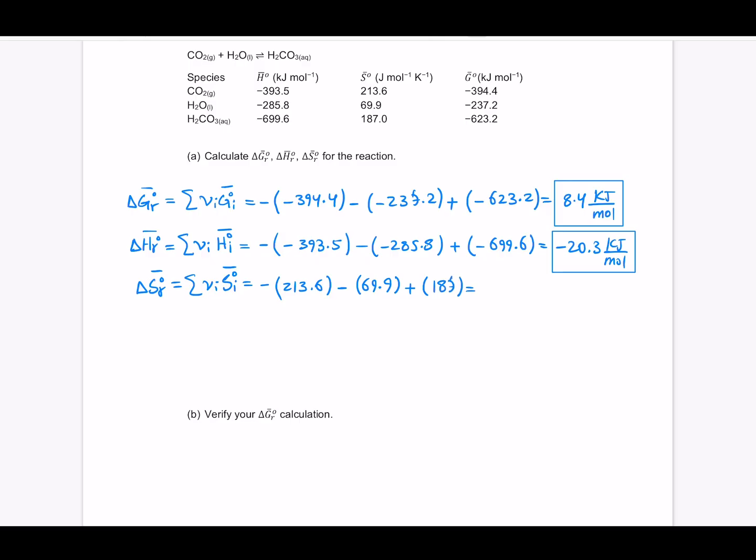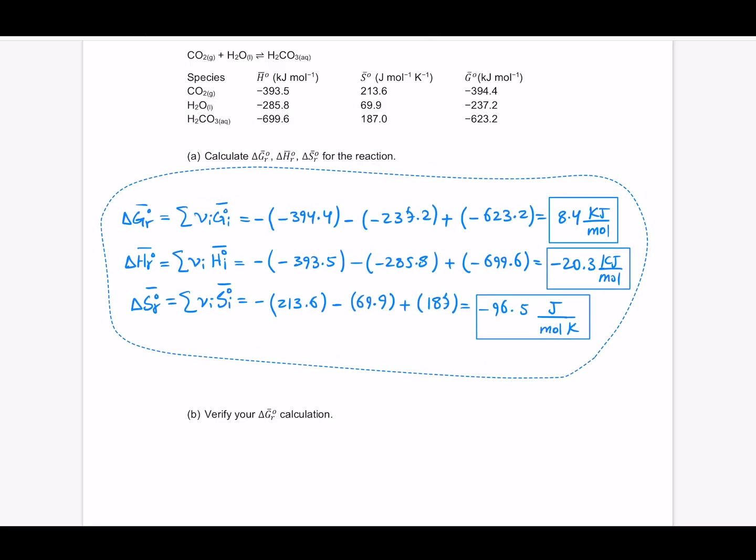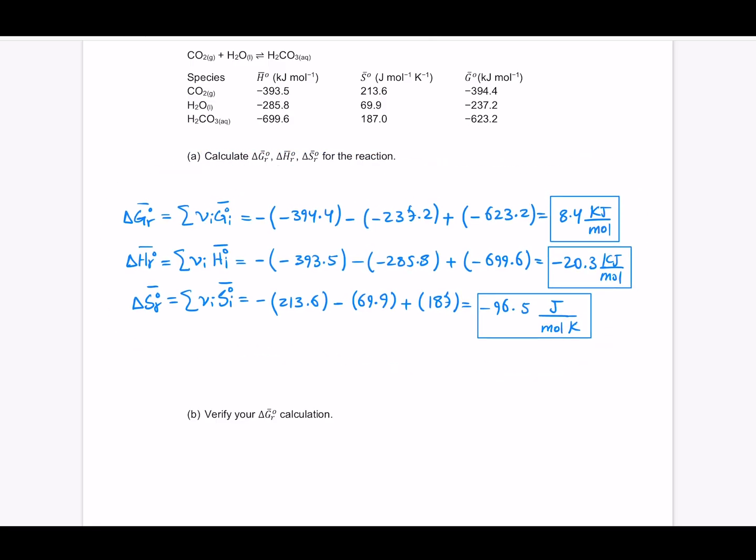This would be minus 96.5. But now keep in mind the unit is joule per mole per Kelvin, not kilojoule. So later we're expecting a unit conversion if we want to combine delta S and delta H and delta G. So these would be all the values at the standard condition.